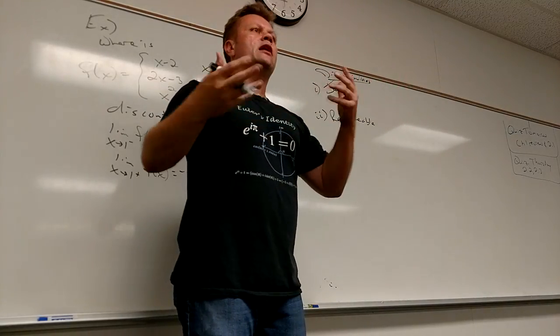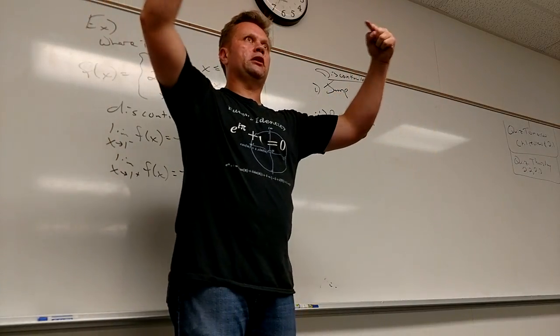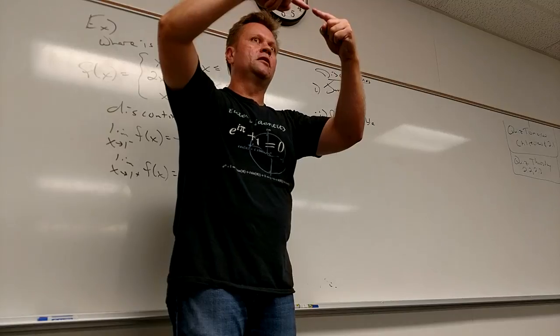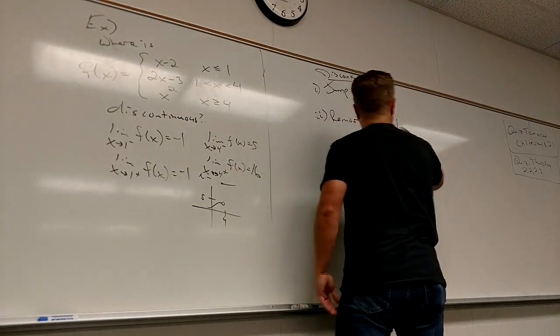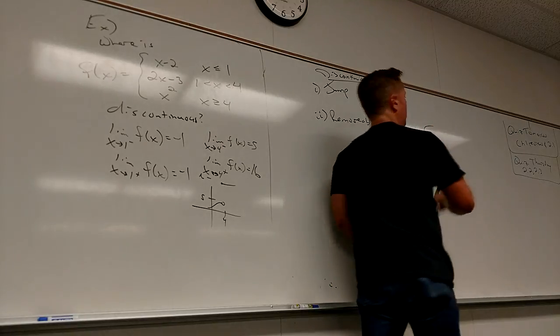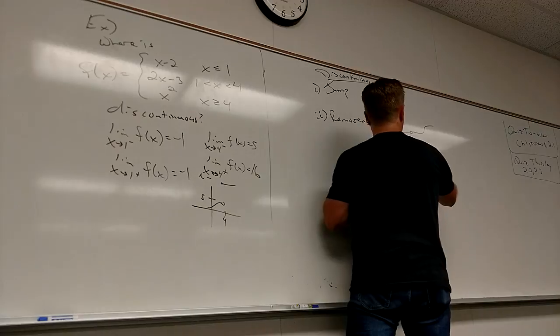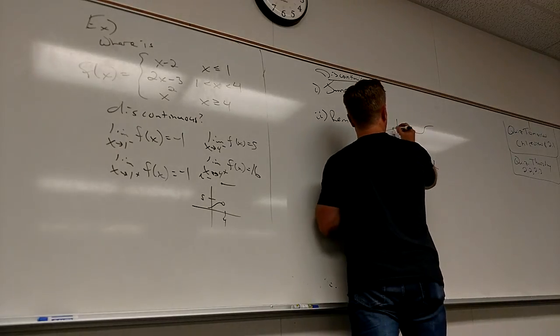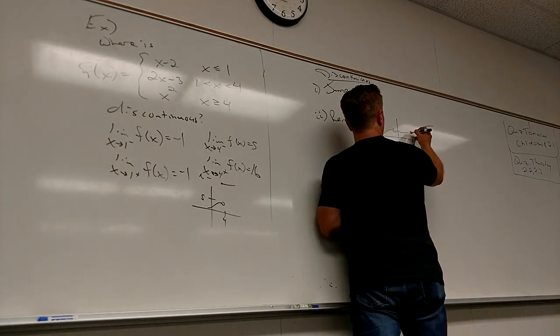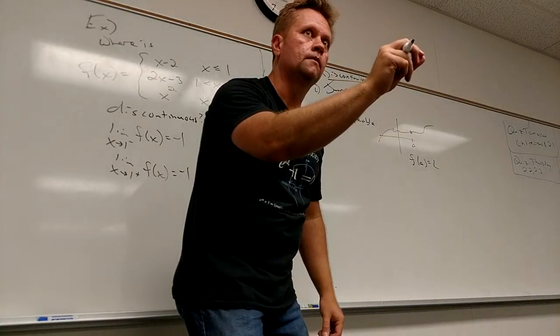So another way to have a discontinuity is not just that you go here and then you pick it up there. It's also that you look like you're going somewhere and you never get there. So if I drew this for you, you see why they call this removable? And you see why I want to call it fillable? If you just defined f of a to be L, that would remove the discontinuity.